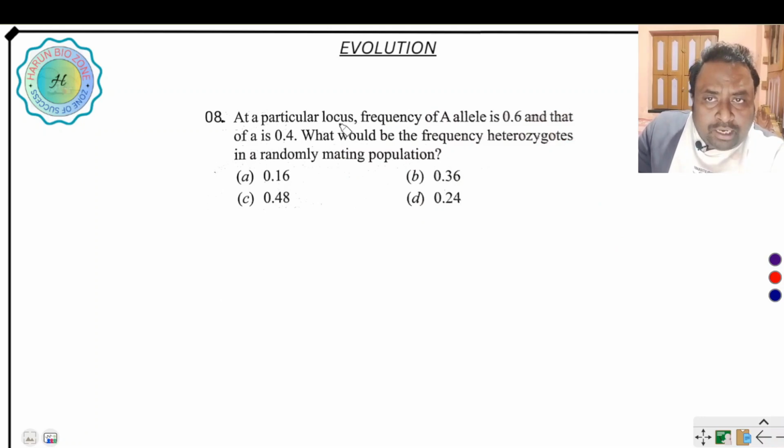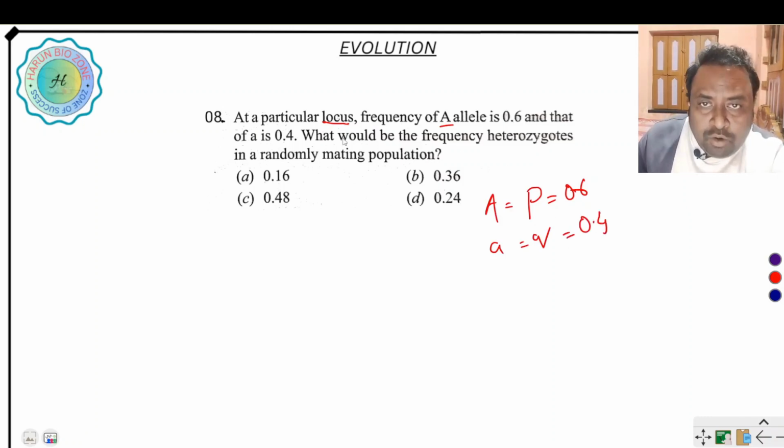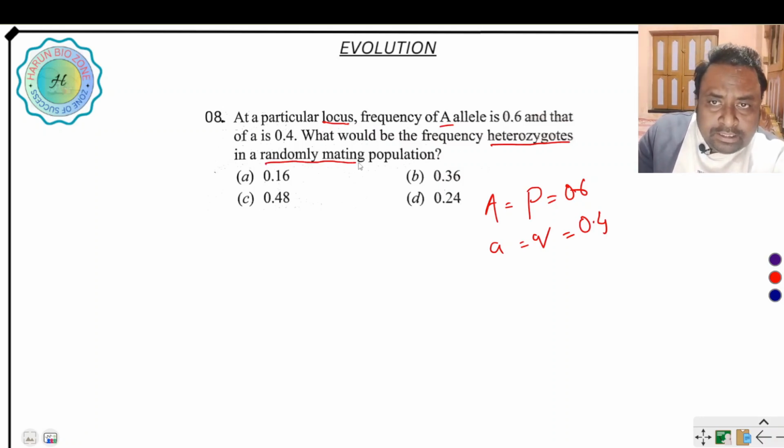A locus means the position of a gene on a chromosome. The frequency of the A allele is 0.6, meaning p is 0.6, and that of a is q, 0.4. What would be the frequency of heterozygotes in a randomly mating population? Randomly mating means they maintain the Hardy-Weinberg law.